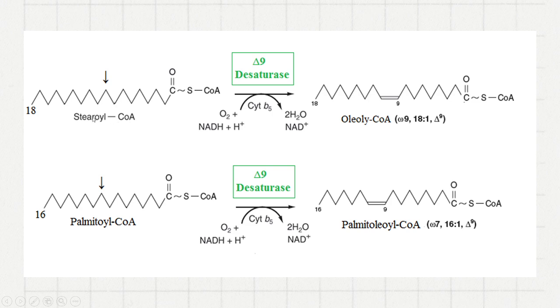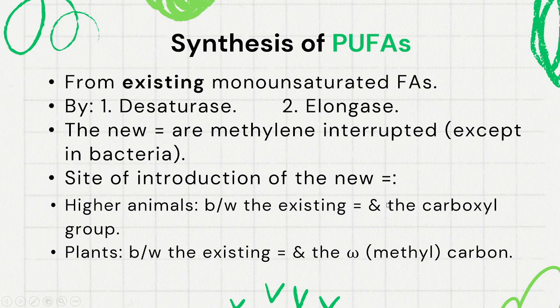So, for example, stearoyl-CoA here is a saturated 18 carbon atom compound, and the body wants to form a monounsaturated fatty acid from this substrate. Delta 9 desaturase will introduce a double bond at this position. From palmitoyl-CoA also, a double bond will be introduced at the delta 9 position.